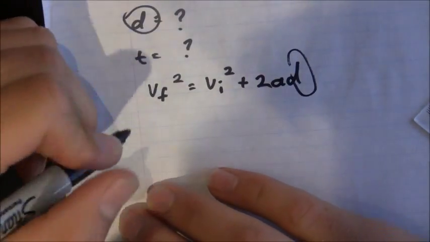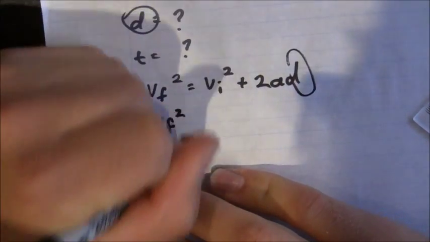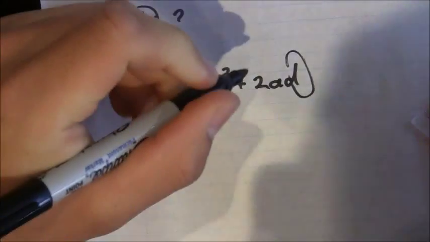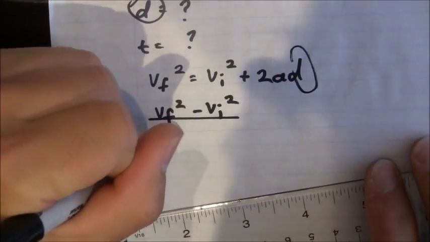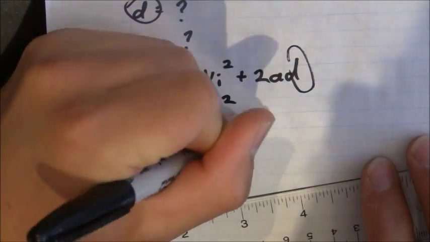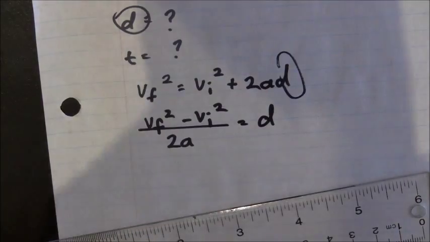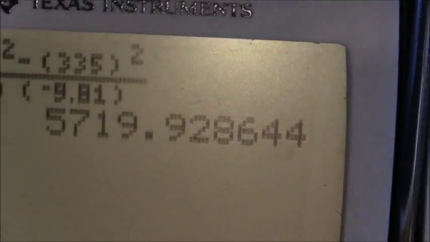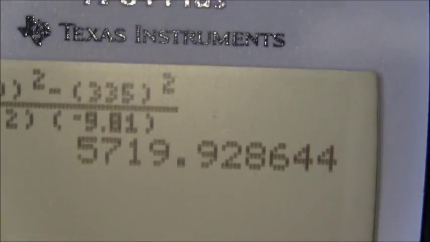So if we do that, we get VF squared minus VI squared over 2A equals distance. And when you plug that in, which I've already done here, you get an altitude of 5,719 meters. So that's vertically launched projectiles.